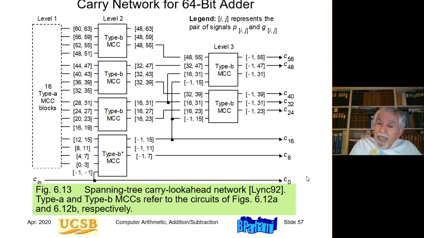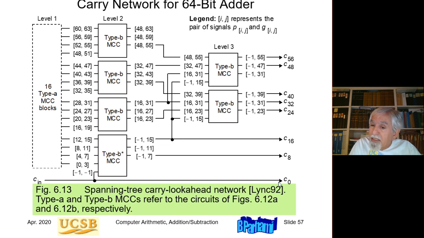Okay, so this is the carry network used for that AMD microprocessor. It's a 64-bit adder. This is just the carry network. But this by itself is not enough because we are still missing some of the carries that we require, okay?